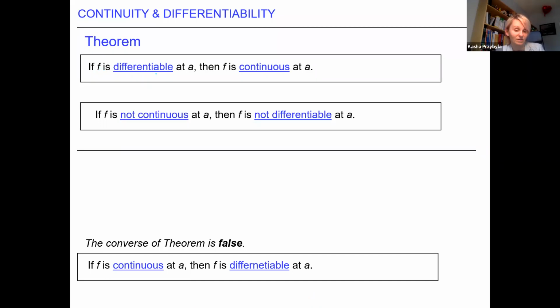If f is differentiable at a, then it's always continuous. But if it's continuous, please remember it's not necessarily differentiable. A good example is the corners, especially the absolute value of x. It's a nice continuous function, but it's not differentiable at 0.